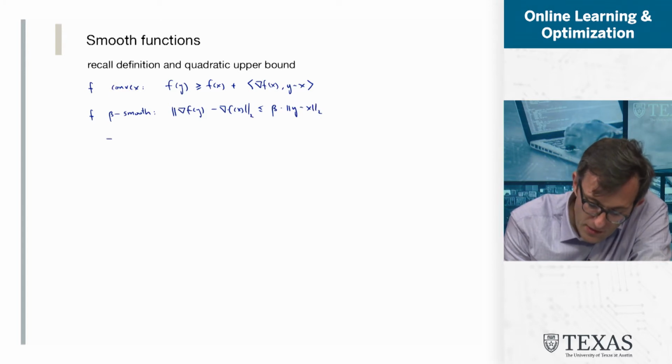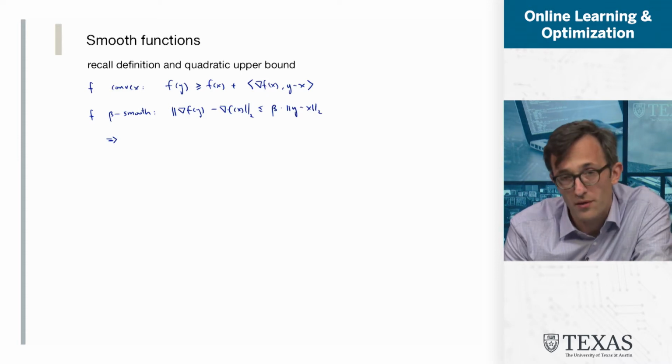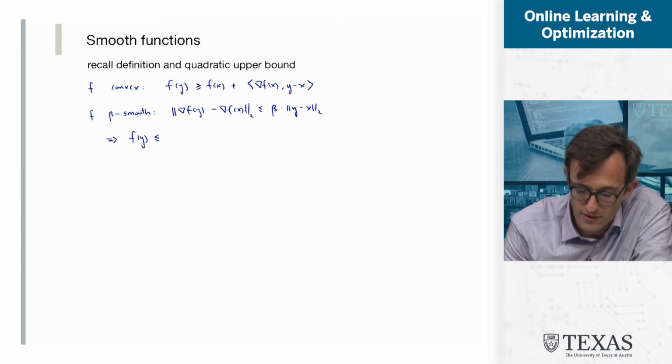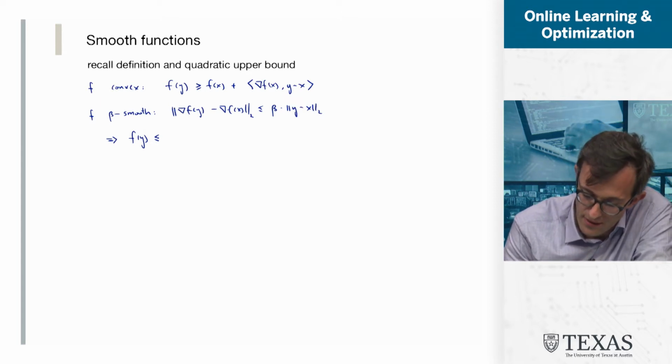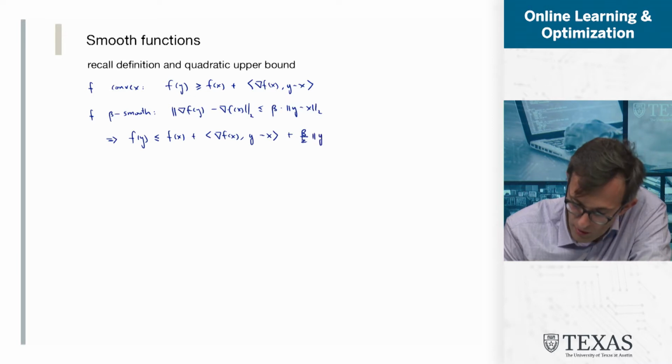And we saw that a consequence of this is that we can find a quadratic upper bound on any smooth function. F of y is now upper bounded, opposite sign from our standard definition of convexity, by a quadratic function, f of x plus gradient of f of x times y minus x plus beta over 2 times the norm of y minus x squared.